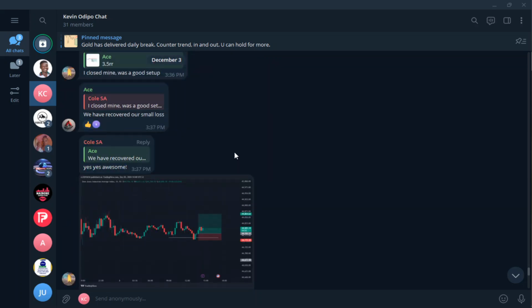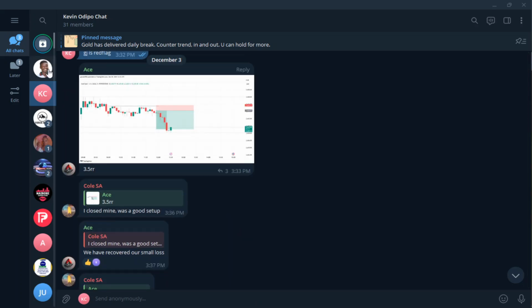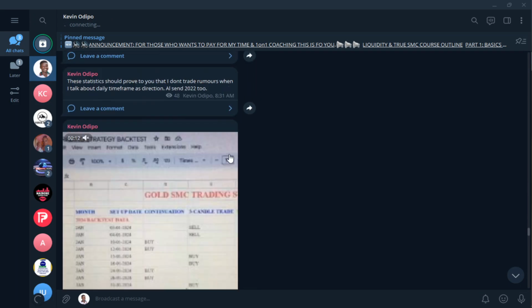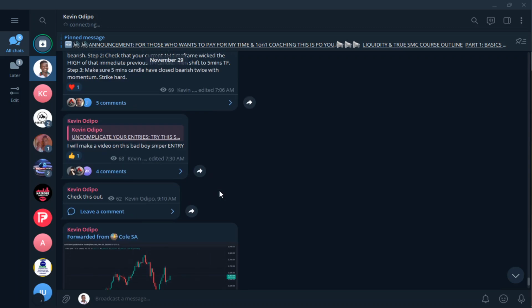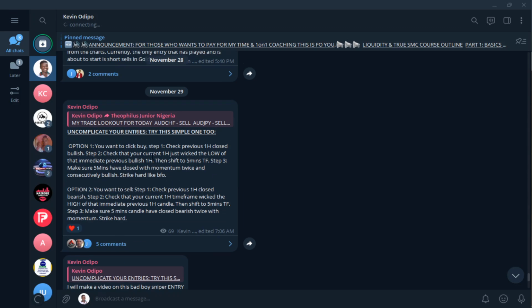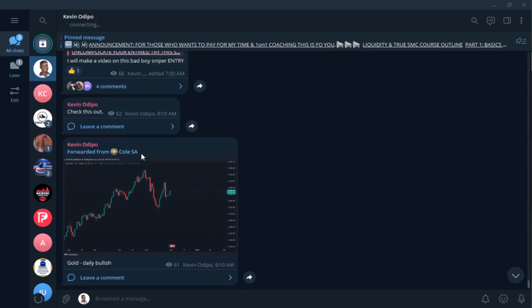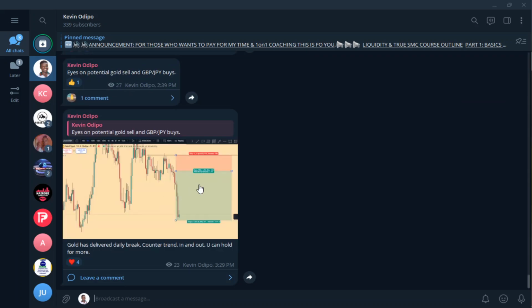So people are taking so many trades here. This is just my last trade of today that I've just taken. This one here, 1 to 3. It's a counter trade, but I'm expecting it to even go deeper and deeper.